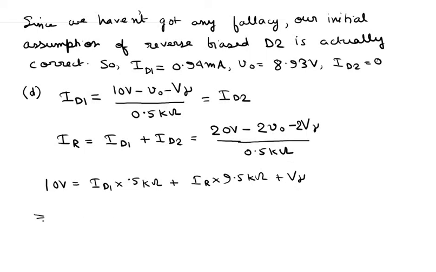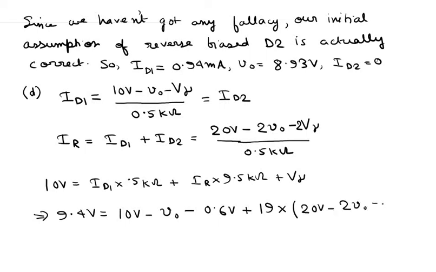So we have 9.4 volts equals 10 volts minus V0 minus V gamma, which is again 0.6 volts, plus 19 into 20 volts minus 2 V0 minus 2 V gamma, and V gamma is again 0.6 volts, so minus 1.2 volts over here.